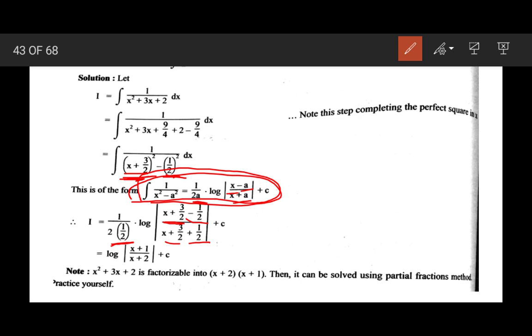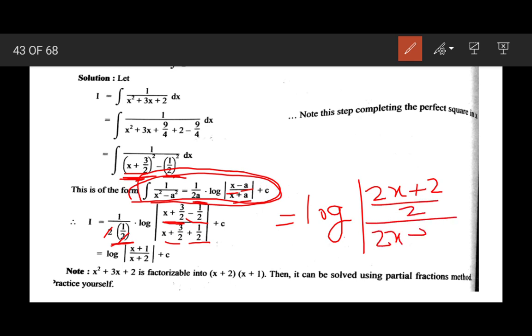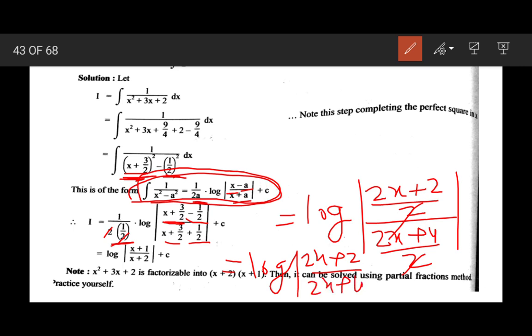Finally, by cross multiplying, the 2s cancel. So that is equal to log mod of 2x plus 3 minus 1, which is 2, upon 2 divided by 2x plus 4 upon 2. So the 2s cancel. Now that is equal to log of 2x plus 2 upon 2x plus 4.